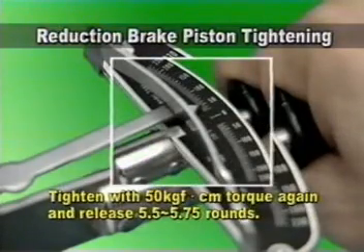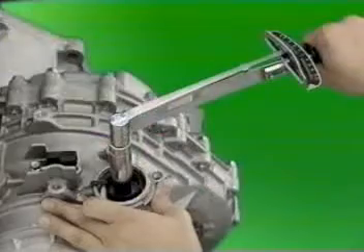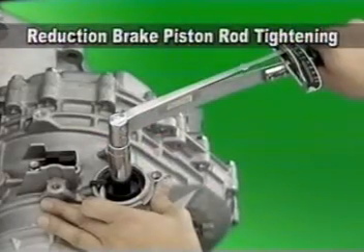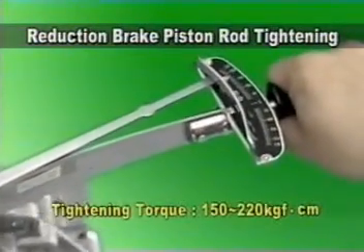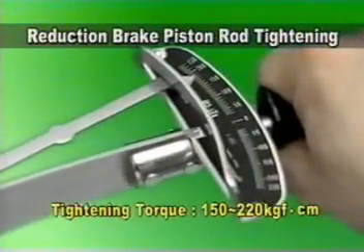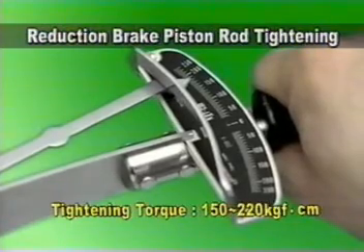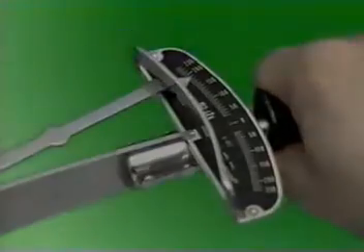Tighten with 50 kilogram force centimeters torque again and release 5.5 or 5.75 rounds. Tighten the reduction brake piston rod holding nut while applying torque. Tightening torque is from 150 to 220 kilogram force centimeters.